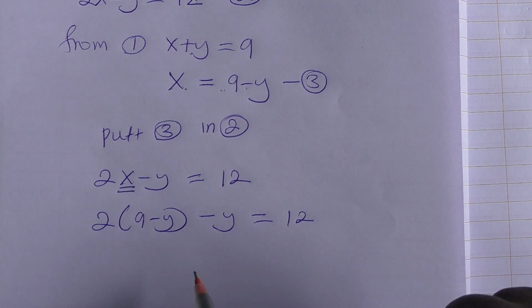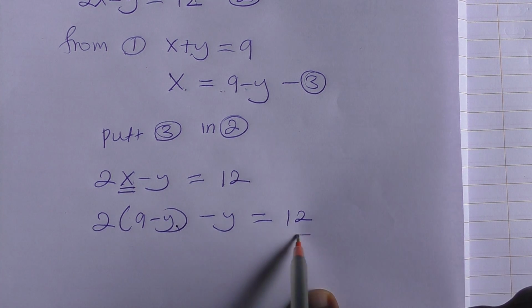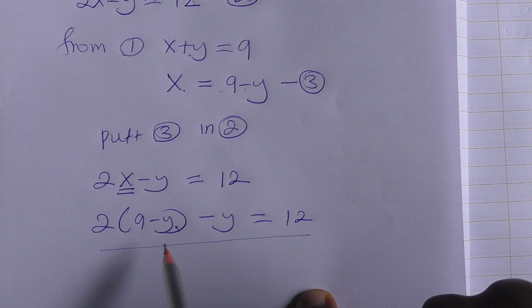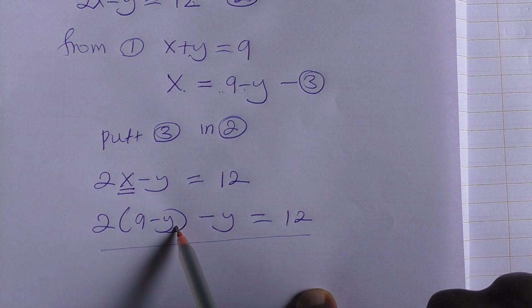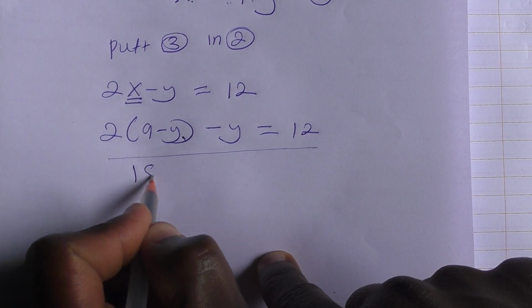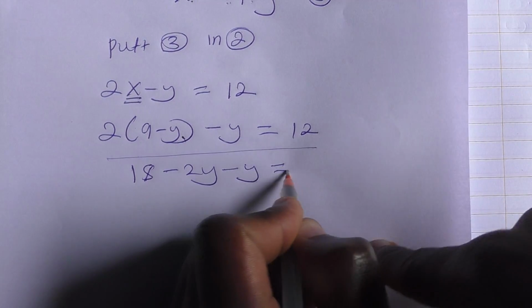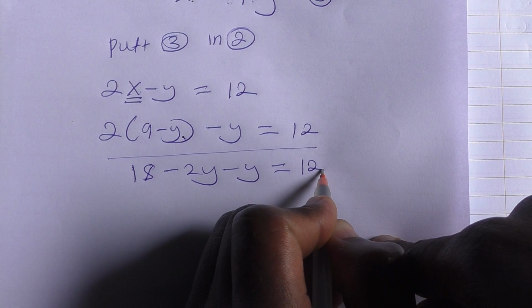So this is another technique of getting rid of one unknown. From this step, you realize that we have eliminated x. And when we open brackets, you get 18 minus 2y minus y equaling 12.